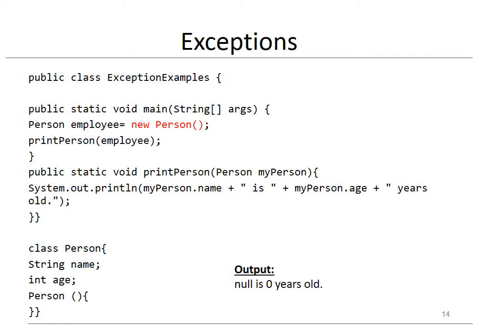We can correct the exception by initializing the employee variable to a new Person object, as you can see here. If you run this code, you will see the output null is 0 years old. In other words, Java automatically initialized the name and age fields to null and 0 respectively.